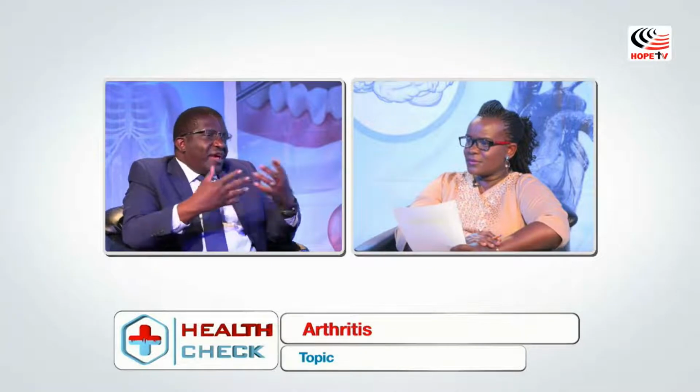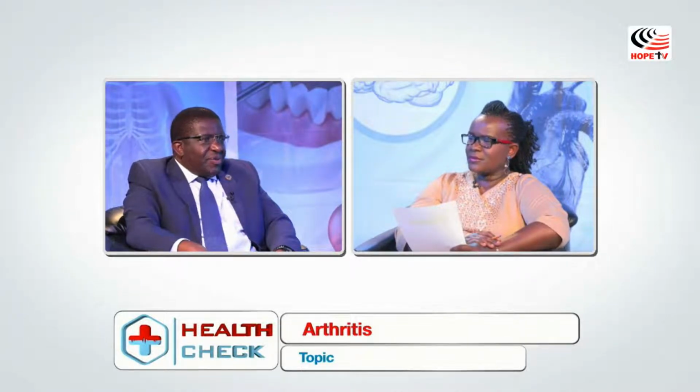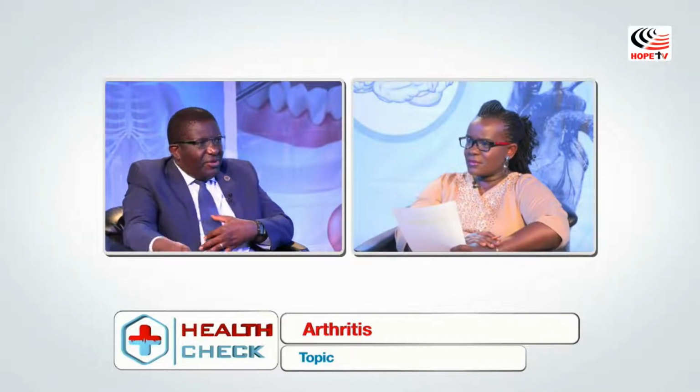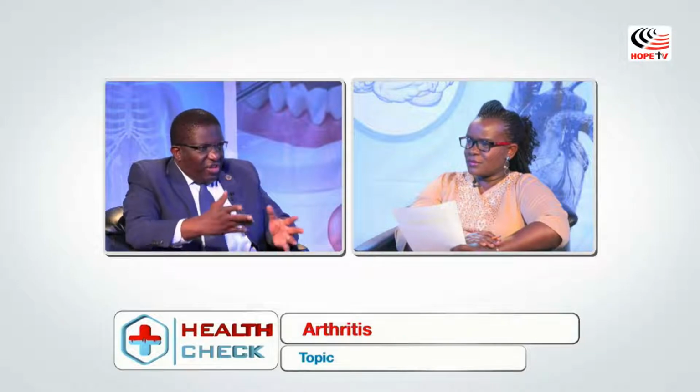You could have other conditions like the eyes, the feet, or the genital area being involved. It can start with diarrhea or something which looks like a urinary tract infection, and you end up with arthritis. That's a form of arthritis.